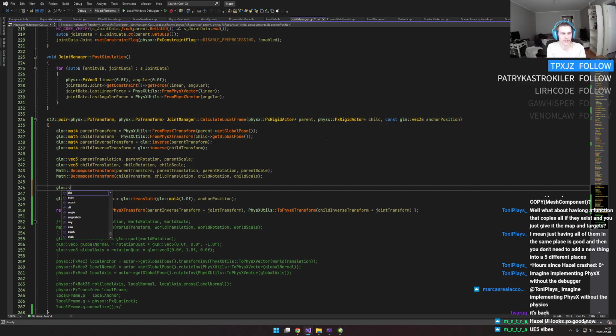Alright, we'll do an offset, which I guess depends on which one. Will that be parent translation minus child translation, or the other way around? Could be the other way around. But we do that, then we divide it by 2.